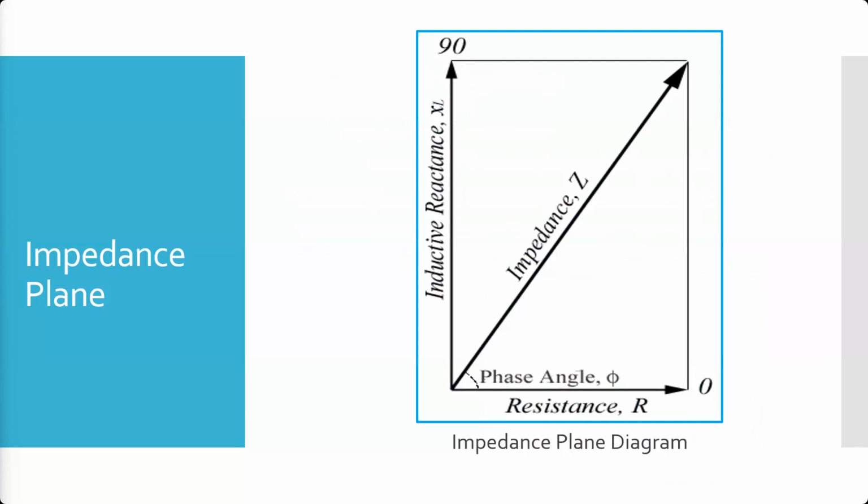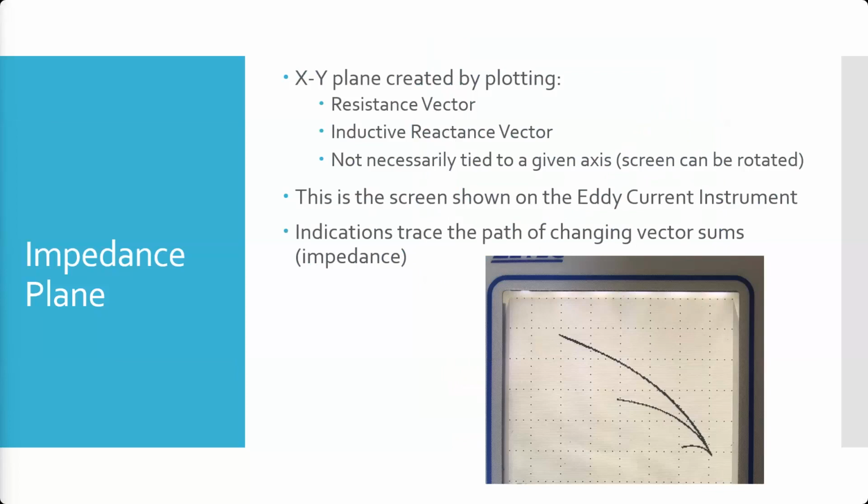It's not drawing this and this to get to this. It's not drawing this line. It's drawing this point at the tip of the impedance line as it changes. So you can think of it as if we increased resistance and inductive reactance, and this line tip moved from the origin up to here. That's what these lines are. It's just showing where the tip of that impedance is, or what the total impedance is.